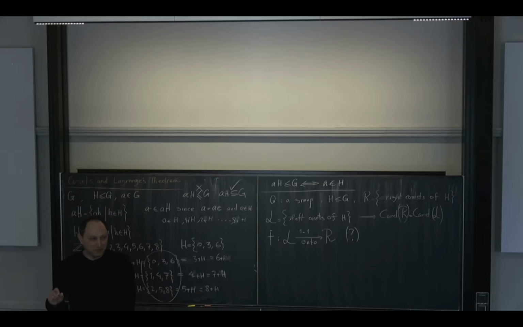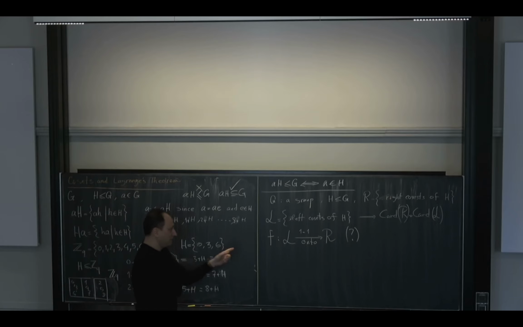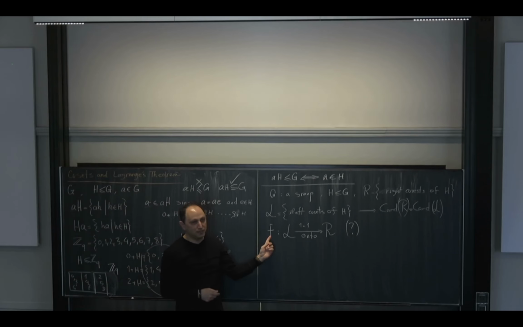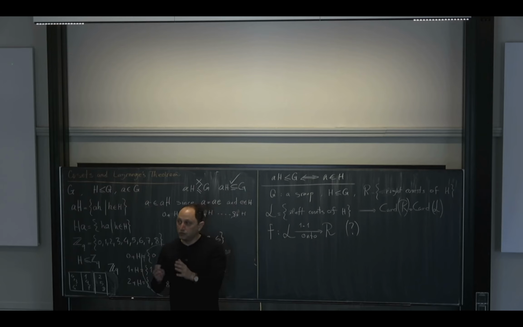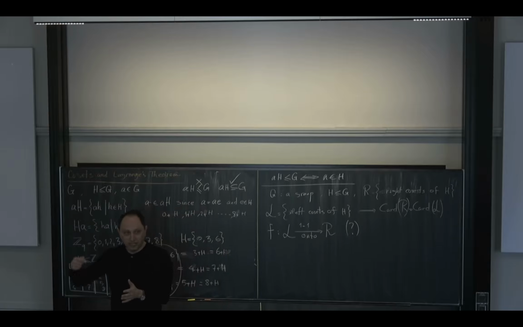It took me 30 minutes to find a guess because I picked the natural guess first. What is the natural guess? I want you to write a function that takes an element from L. What does it mean? It takes a left coset and gives you back a right coset. Do you agree? This is what I want. But I want to do it in a way that I can show later it is one-to-one and onto.